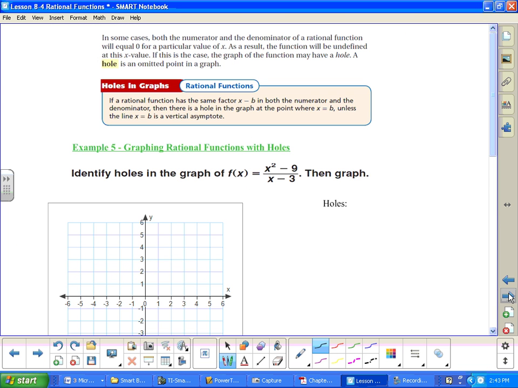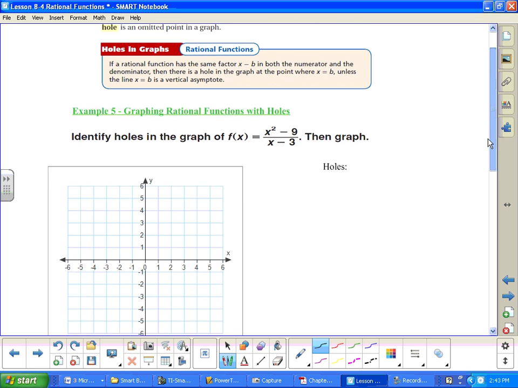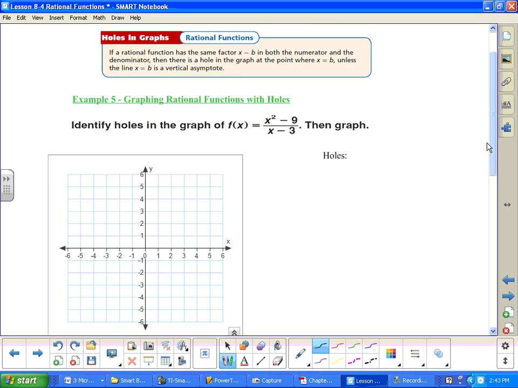So let's look at this problem. If the numerator and the denominator have a common factor, then there's a hole in the graph at that x value. So here we have x squared minus 9 over x minus 3. I factor it.